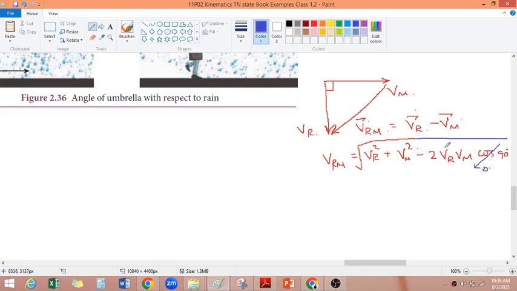Similarly, for the angle alpha, tan alpha is equal to opposite by adjacent, which is Vr by Vm. So we can do this math and find the angle alpha.